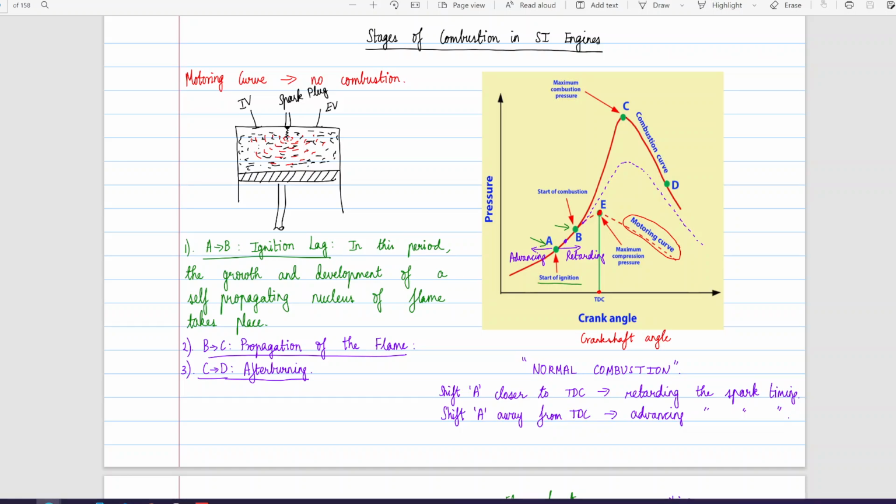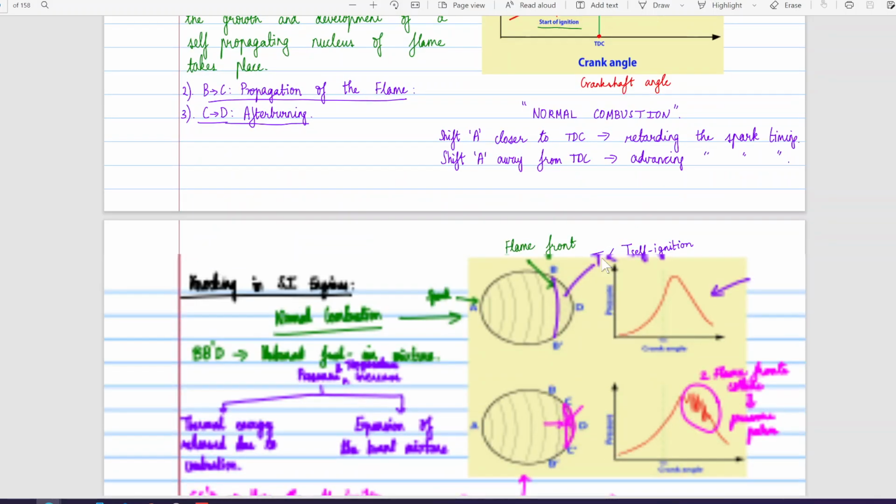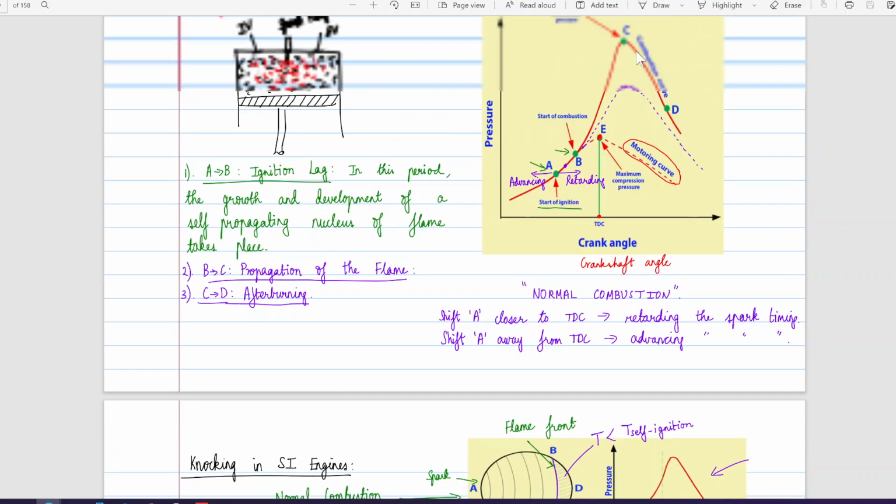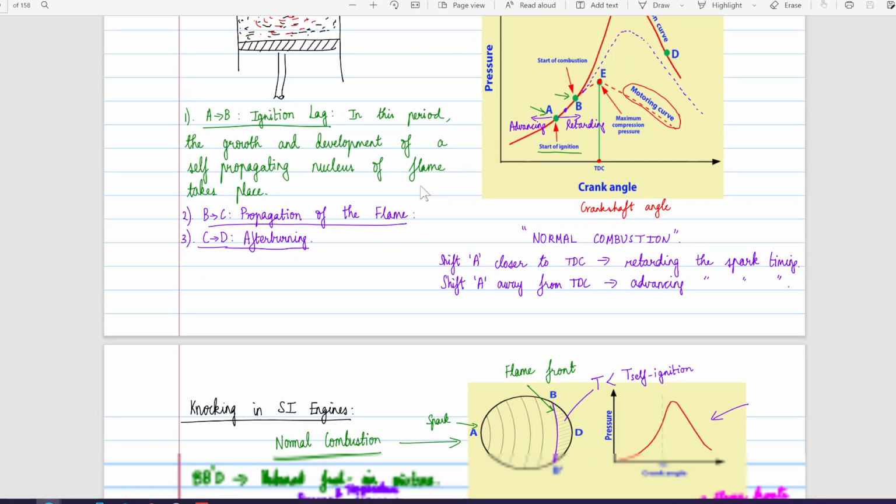All right, so from B to C, the flame propagates, and from C to D, there is afterburning. And this process keeps on continuing.